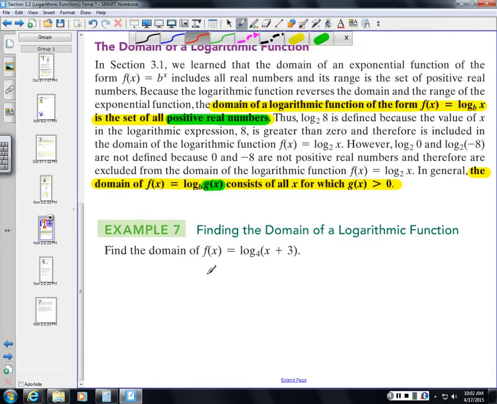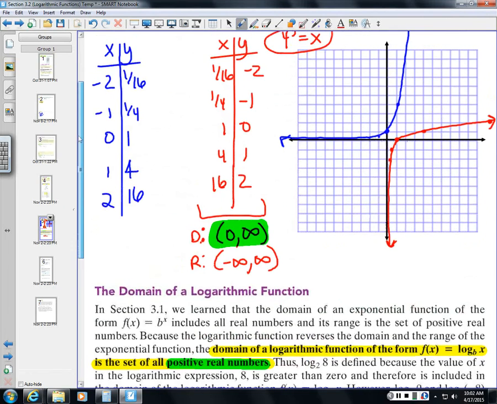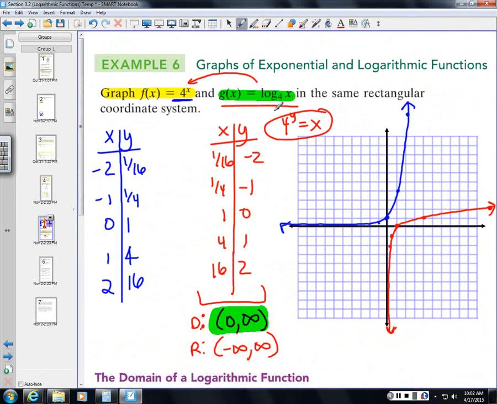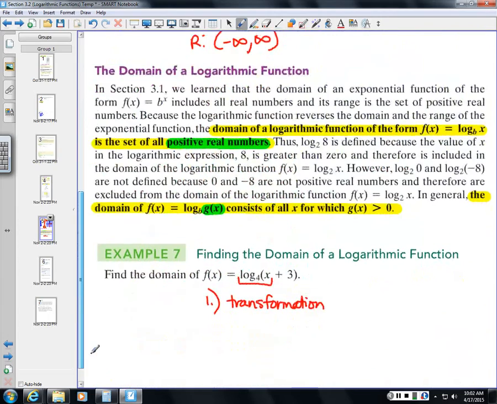So if I start just by using transformations, using the logic side of this, if I take my log base 4 of x, which is what we just graphed in this last example, we know that this red graph is the graph of log base 4 of x. If I am putting in a plus 3 here, first of all, I'm putting it into the log since it's inside the parentheses, which means it is going to shift it left or right.